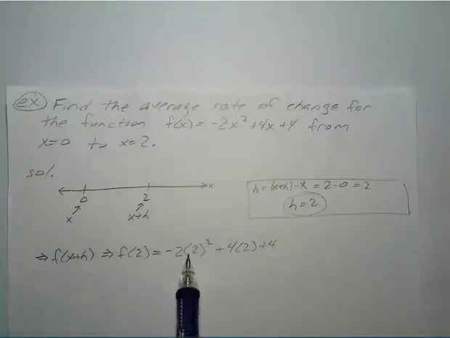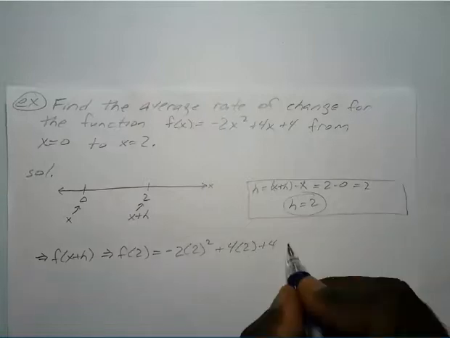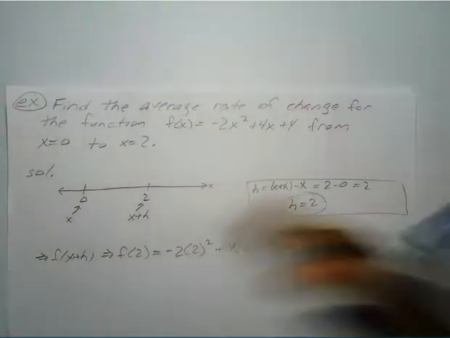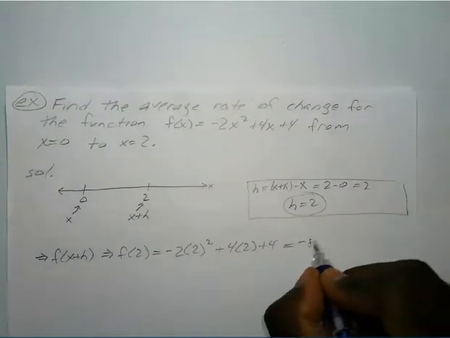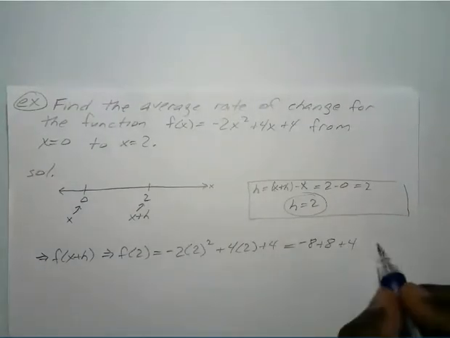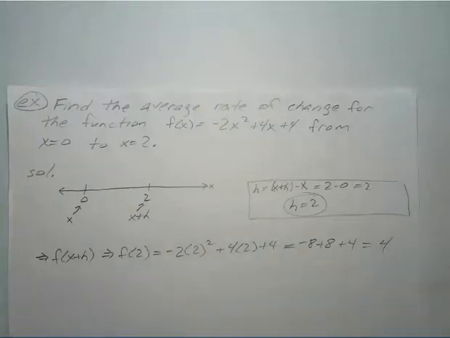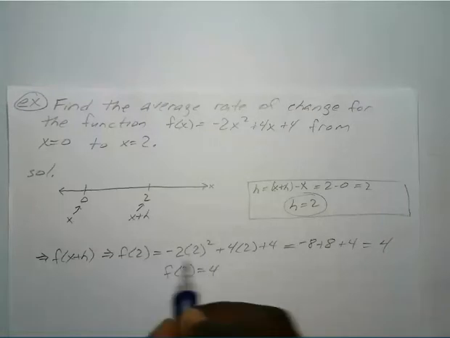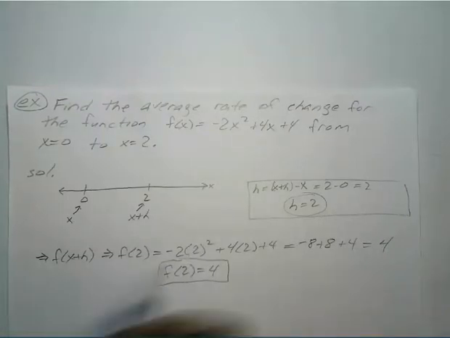Okay, so you have negative 8 plus 8 plus 4. Of course, those two cancel out, so you have just 4. So we know that f of 2 is equal to 4. And again, we're going to need it, so we'll put a little square around that.